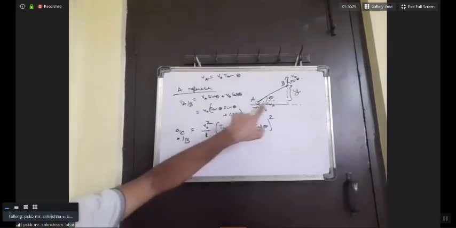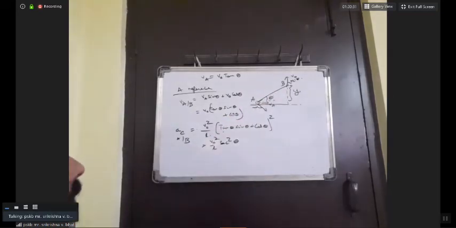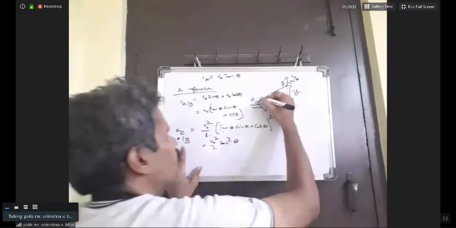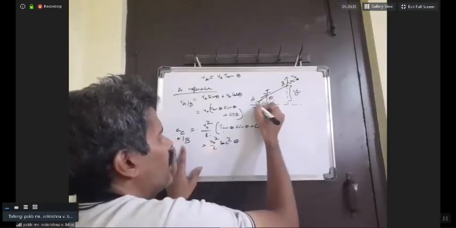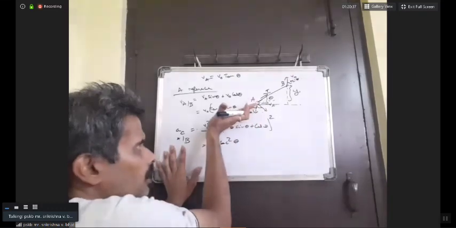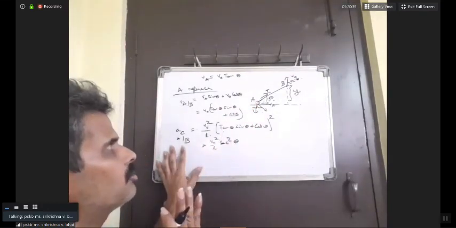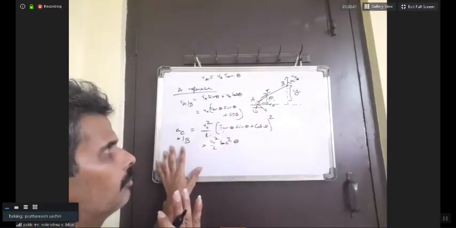Now we can write the force equation for A in this reference frame. The tension is there and mg is acting this way. Mg's component I should take along the string, which is mg sin theta.